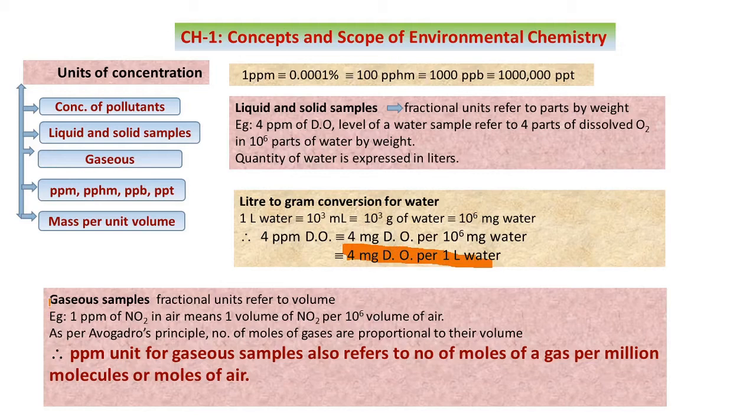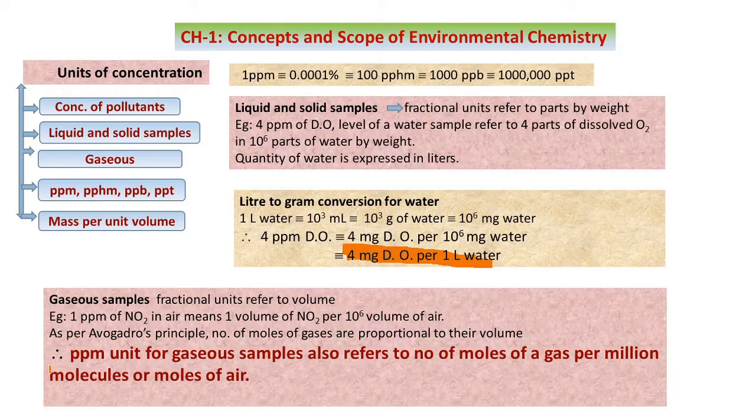Now, how can we express it in a gaseous sample? In a gaseous sample, the fractional units refer to volume. 1 ppm of NO2 in air means 1 volume of NO2 per 10 raised to power 6 volume of air.